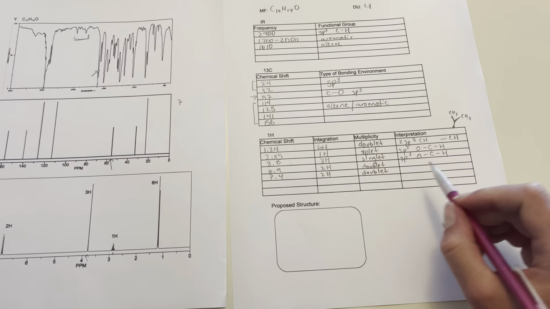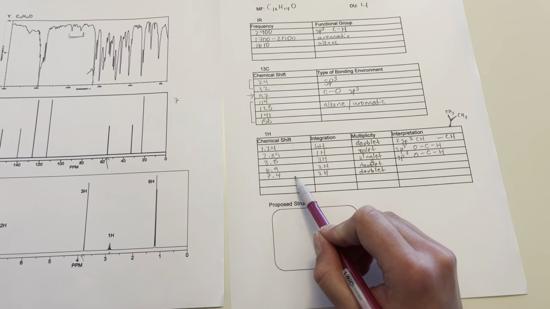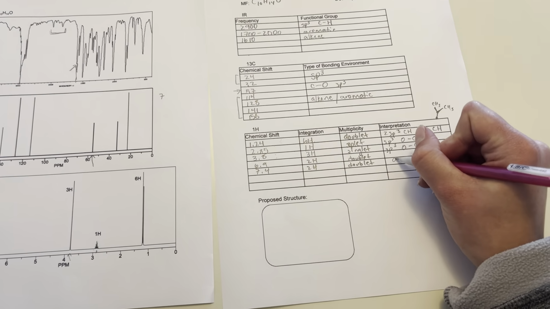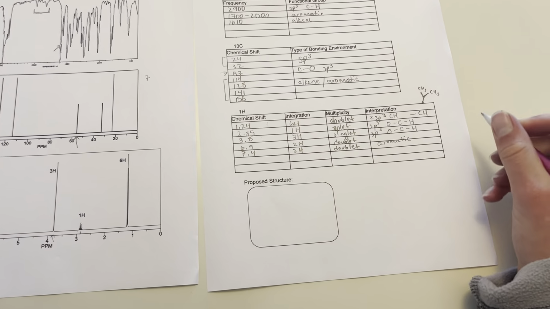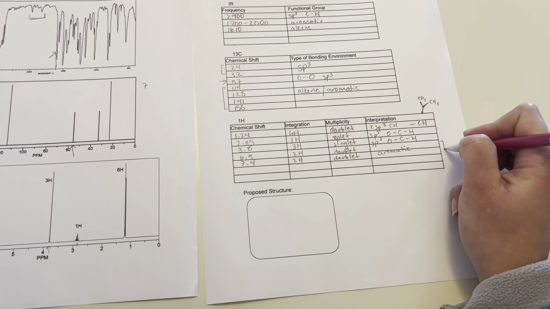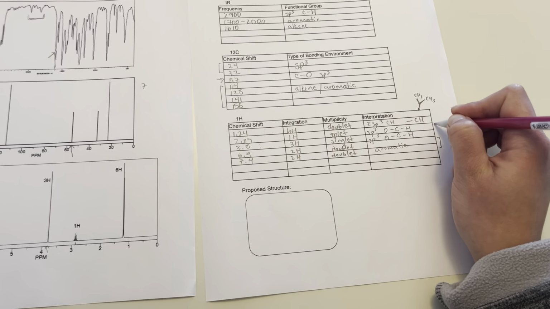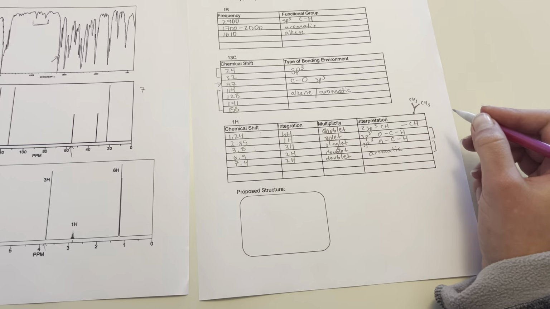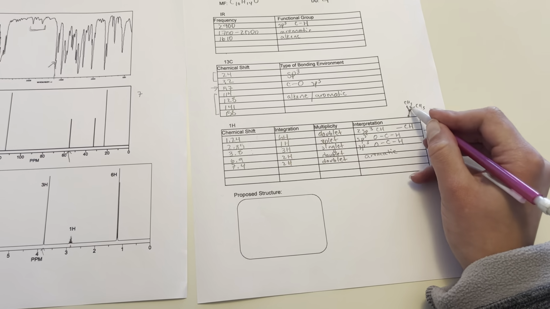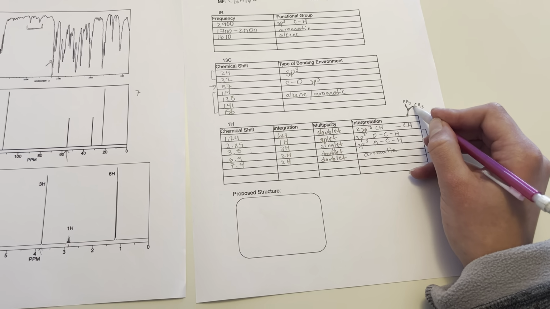And then the 6.9 and 7.4 range both suggest aromatic. So we have 3 things going on here: the aromatic, the single bond to oxygen, and this group here.